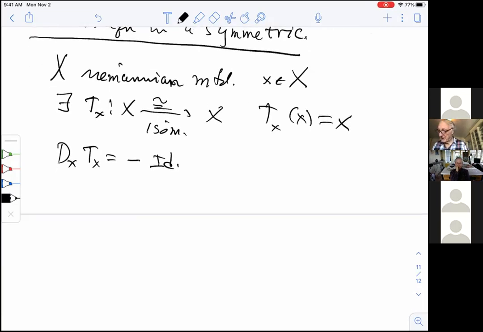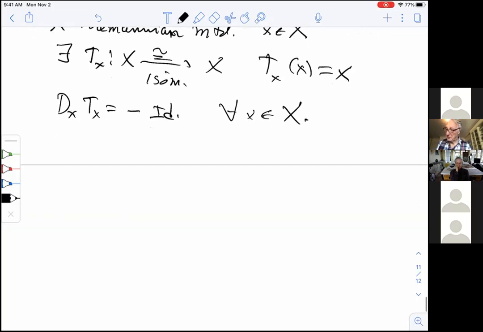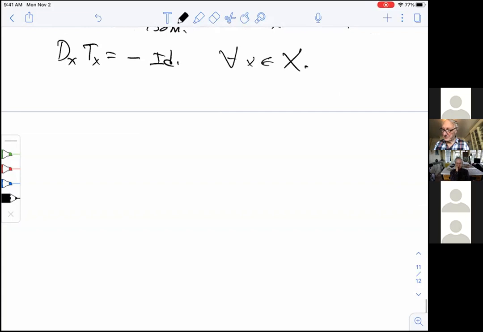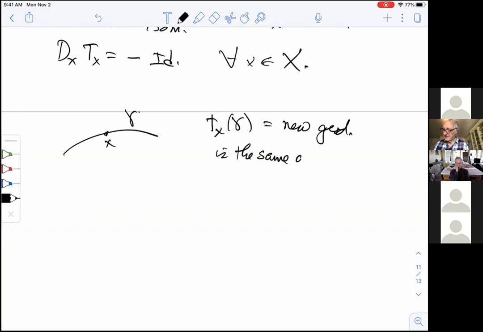And that has to be true for all x in X. There has to be a symmetry like that at every point. So if you have a geodesic through x, gamma, and you apply T_x of gamma, you get a new geodesic, which in fact is the same as gamma, except the direction is reversed.